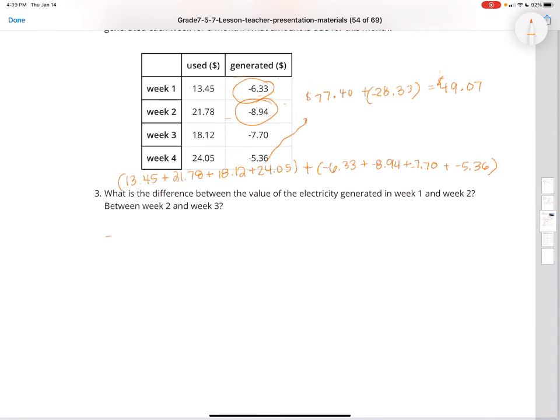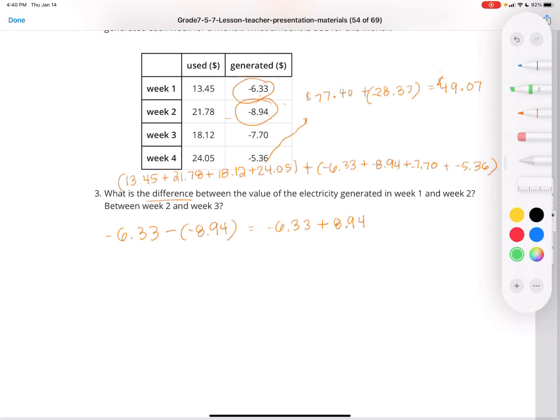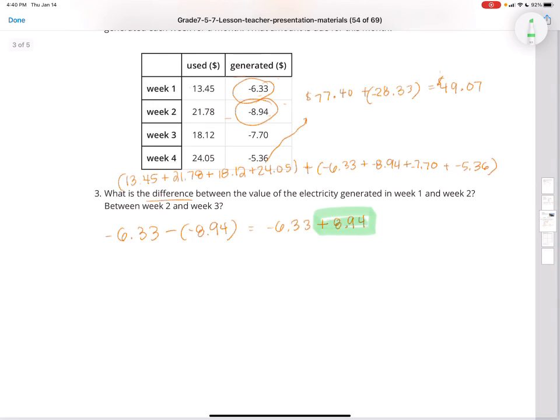So let's get started. I'm going to start off with week 1, which is negative $6. And they want us to find the difference, which is subtraction. And that's a negative $8.94. Now remember, taking away a negative number is the same as adding. If I rewrite this using the additive inverse, which is adding the opposite, I want to highlight that to indicate this is why I applied the additive inverse right here.